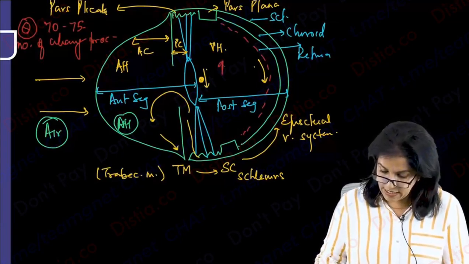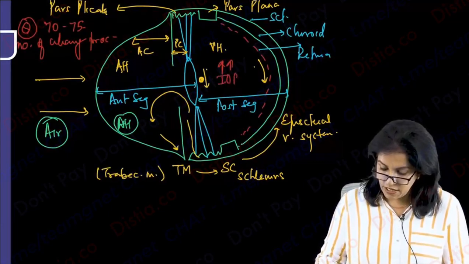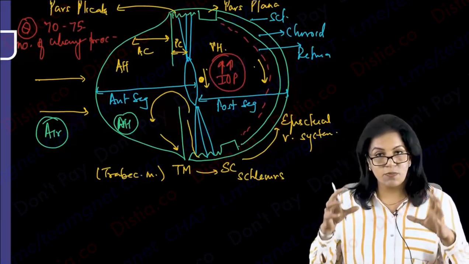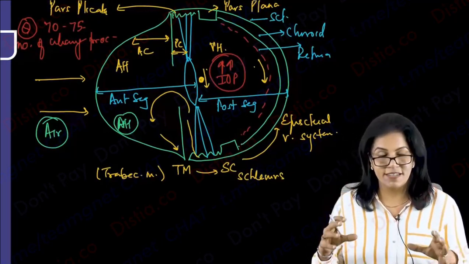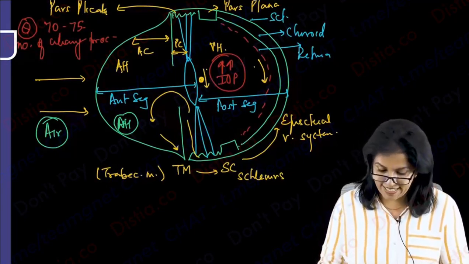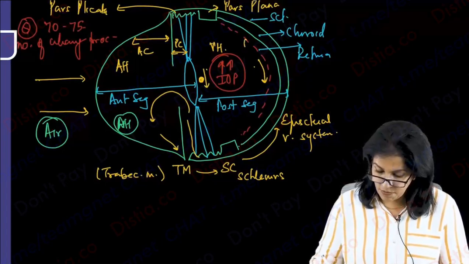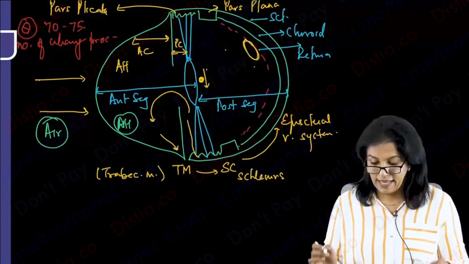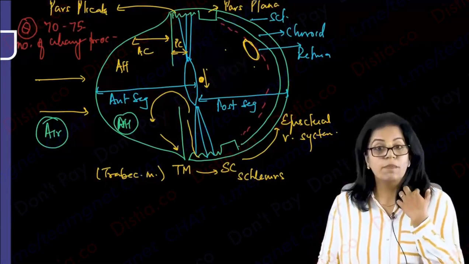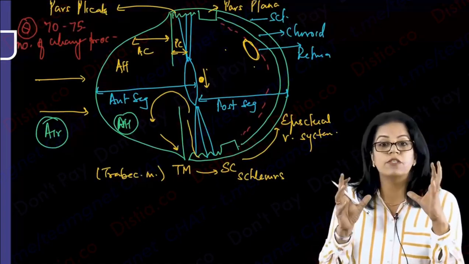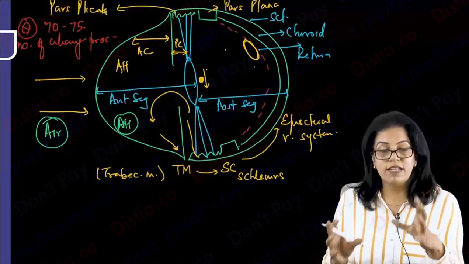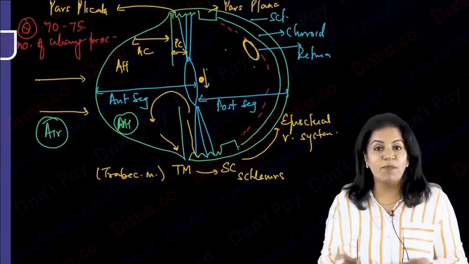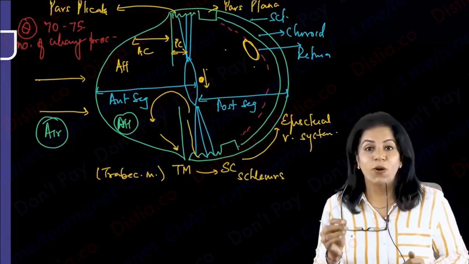When there is increased intraocular pressure, what is happening next? This is going to press on the optic nerve and optic disc. Let us draw that. So, if this is the optic disc, any pressure on the optic nerve and optic disc will lead to damage of the optic nerve, and this damage of the optic nerve is what we call glaucoma.